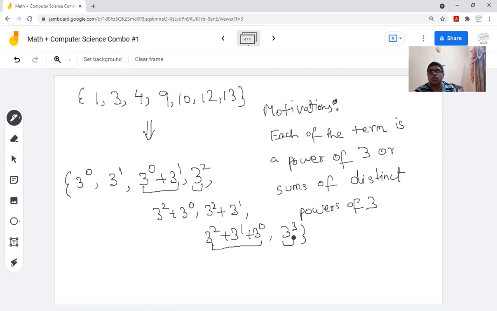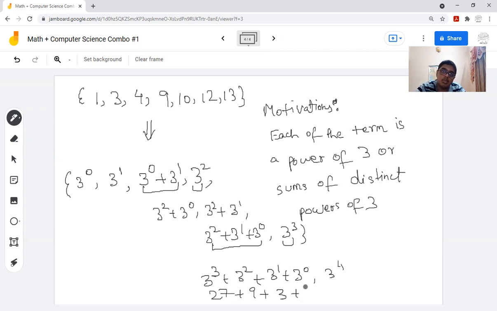And similarly, you would also notice that 3 cube plus 3 square plus 3 power 1 plus 3 power 0 comes before 3 power 4. Why? This is 27 plus 9 plus 3 plus 1, which is nothing but 40, and 3 power 4 is 81.